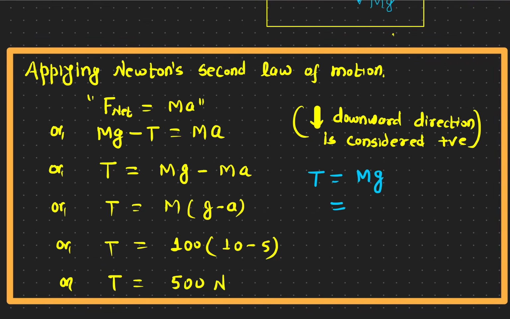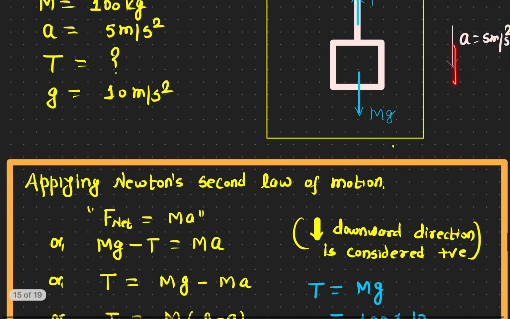That means m is 100, g value is 10, so the tension would be 1000 Newton. And because now the elevator is going downwards, there is less tension in the rope. And the opposite thing happens if the elevator were going upward, then you will have more tension in the rope.